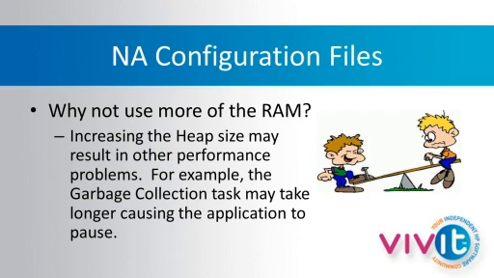So I was basically making garbage collection take longer, causing the application to pause, and the users were actually noticing that delay. So I started going lower and lower and lower until I really found a value that met our needs. We weren't seeing the delay.